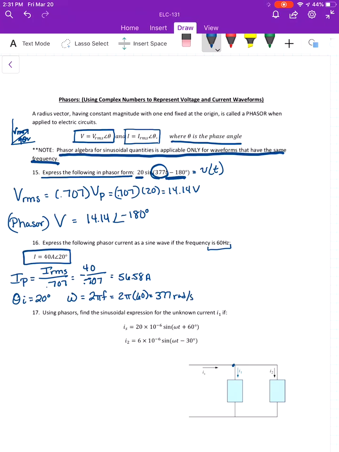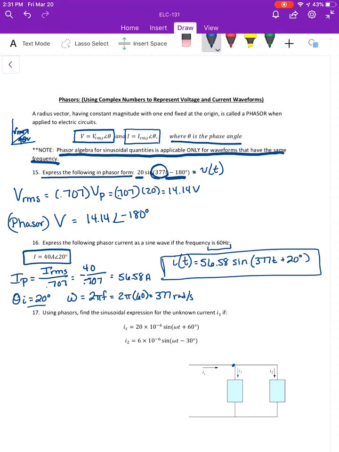So that means our current waveform would be described by the peak current, 56.58 sine omega 377t plus 20 degrees. And there is our sinusoidal waveform that is described by the phasor.